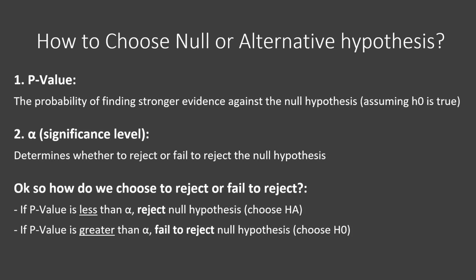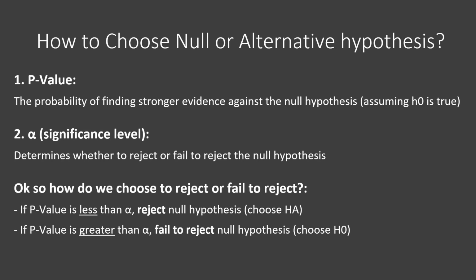Now, a key thing to note is that alpha is usually 0.05 or 5%, but certain questions will change the alpha. And it is very important because let's say your p-value is 0.06. If your alpha is 7%, then you should fail to reject the null hypothesis.